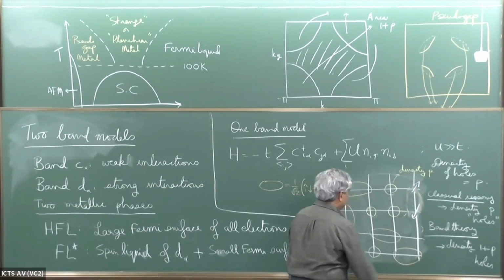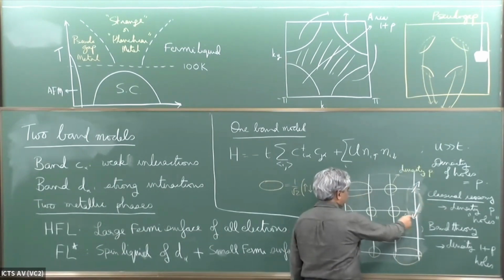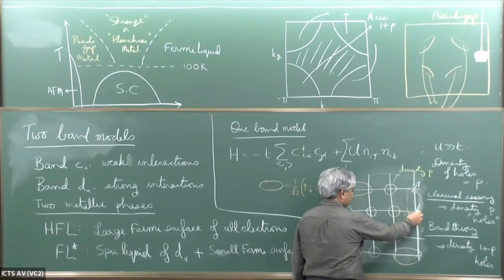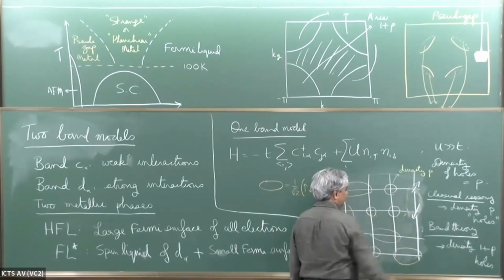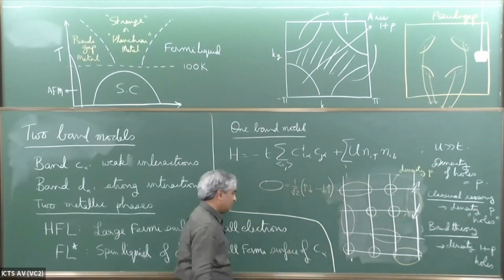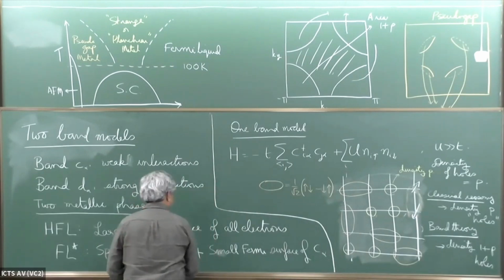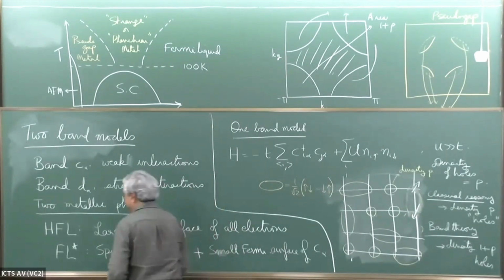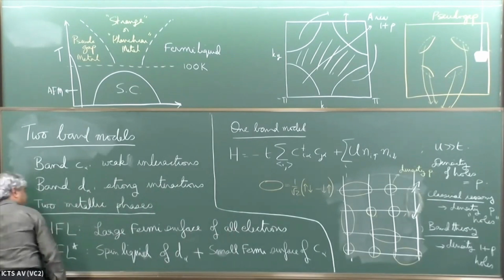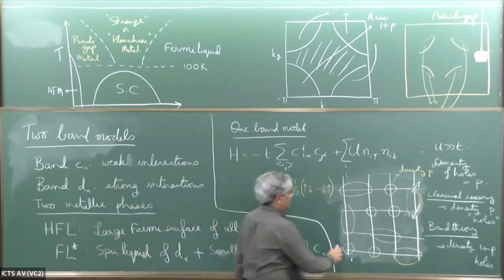Now these spins will be attracted to the empty sites because then they can hop around more rapidly. So perhaps they form a bound state. So what I'm going to do then is describe a state this way.